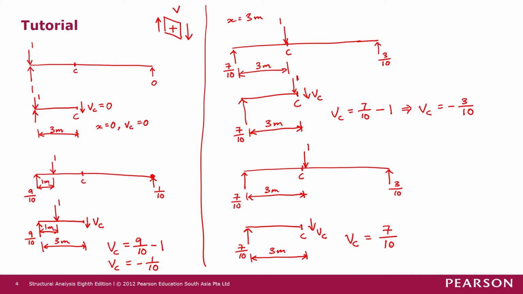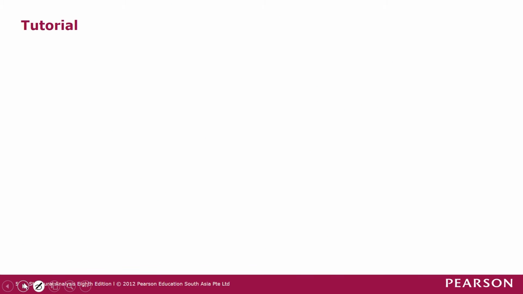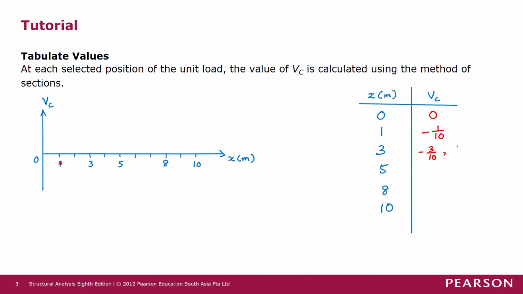Alright, so now when x equals 3 meters, we have two shear force values in the influence line. Just now we have at 3 meters here minus 3/10, so minus 3/10 is somewhere over here.